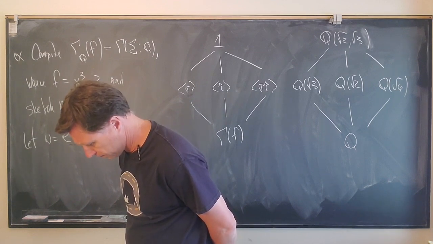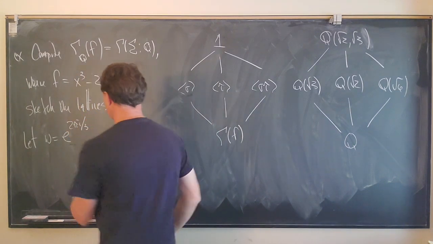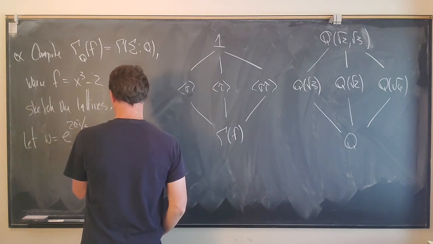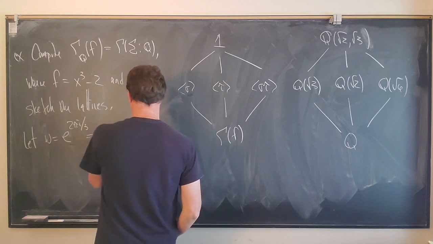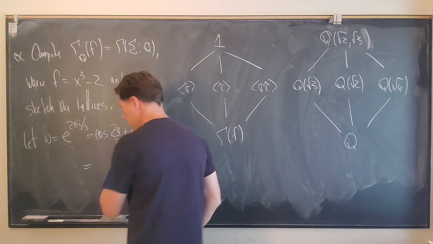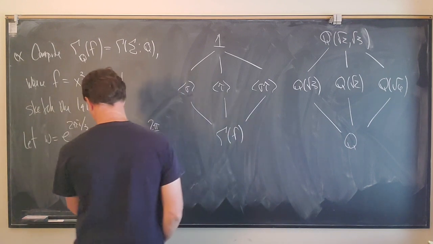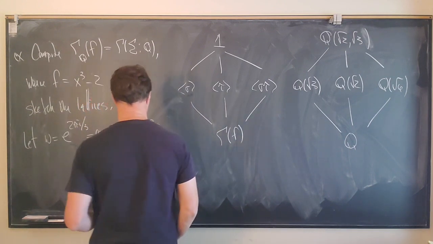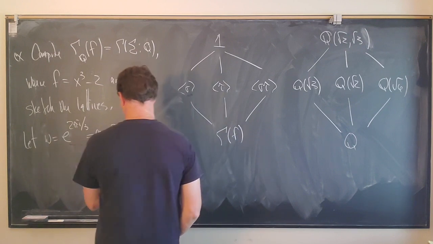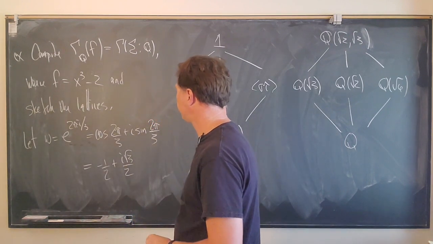Let me write this out. So this is cosine of 2 pi over 3 plus i sine 2 pi over 3. This comes out to be negative 1/2 plus i root 3 over 2.